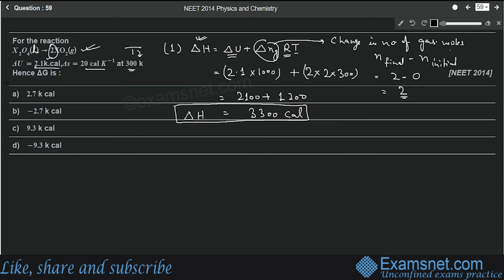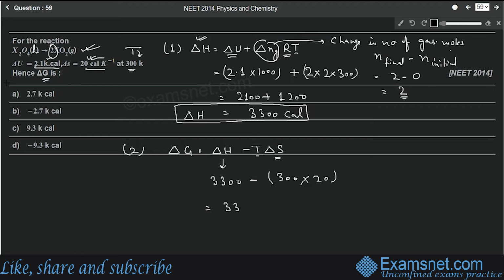Now we have to find the value of delta G. So for that we'll use another equation, that is delta G equals delta H minus T delta S. Okay, so delta H we have just calculated 3300 calorie minus T is the temperature, that is 300 Kelvin, right? So 300 Kelvin into delta S, entropy change. This value is given as 20 calorie per Kelvin in the question. So 20. Okay.